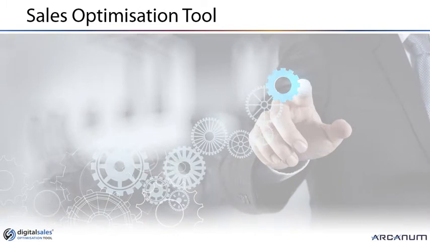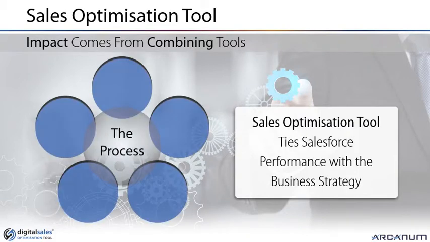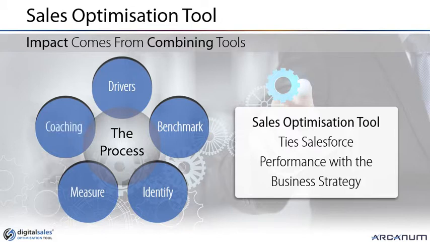Experience suggests that sales management tools can in fact dramatically improve performance, but on their own, the tools have little value. Impact comes from using these tools as part of a broader effort that ties Salesforce performance to the business strategy, provides regular challenging benchmarks of performance, specifies a few high-leverage areas for performance improvement and focus, evaluates individual performance against these areas, and constantly trains and coaches first-line managers and salespeople on specific behaviors based on these individual performance measures.